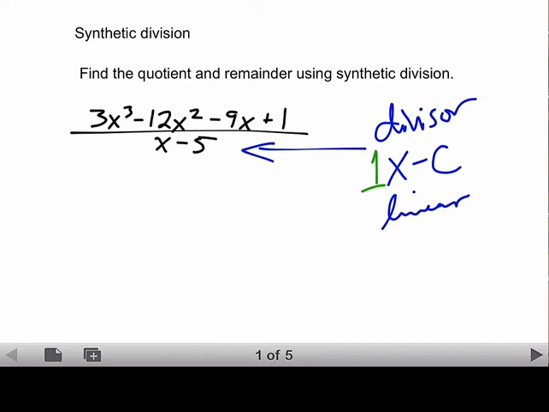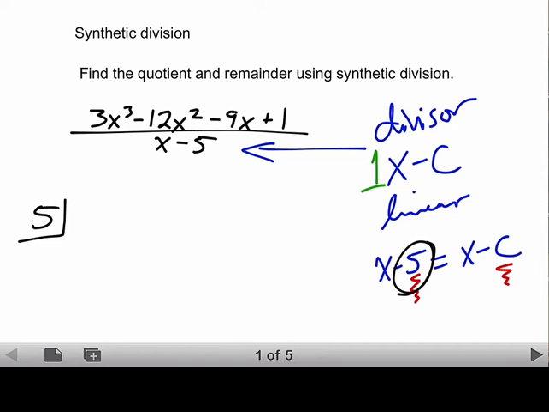In that case, we need to know what c is. Now let's analyze this just a touch. If x minus 5 is supposed to be x minus c, then it must follow that 5 is equal to c. So what we do is we take that number, in this case 5, and we put it in what I like to call a penalty box.